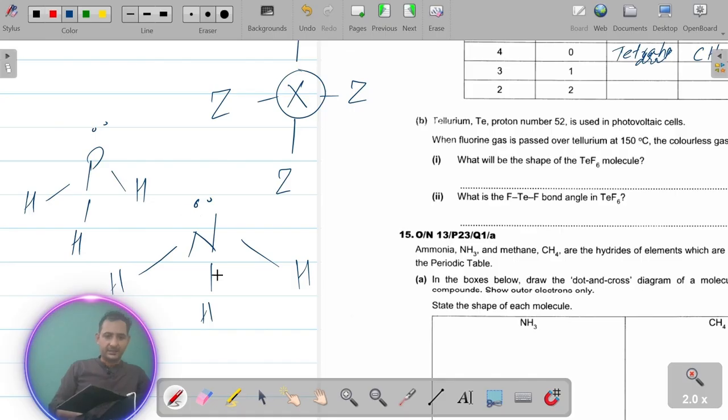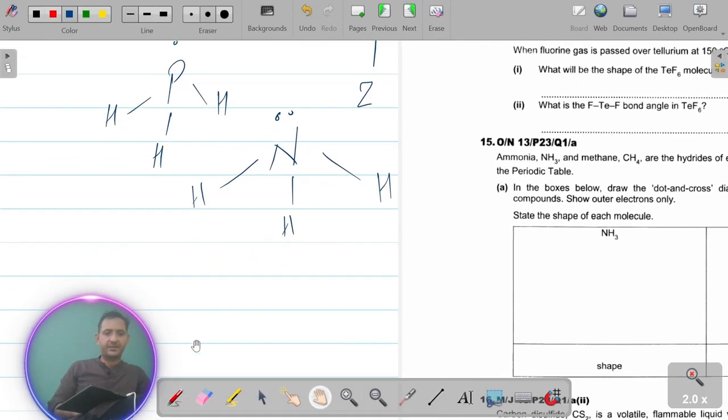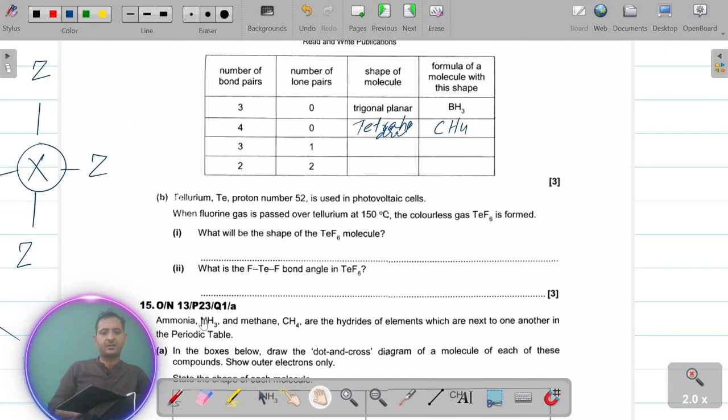You can even write PCl3, which still has 1 lone pair of electrons and 3 bond pairs with chlorine. I'm writing ammonia, and the shape is pyramidal.